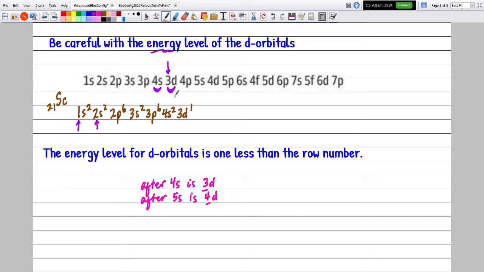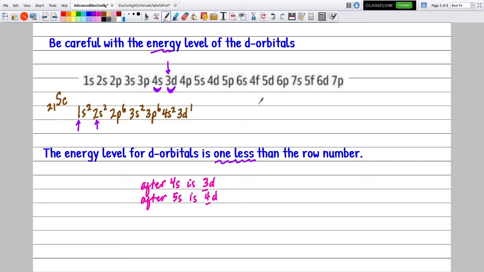So the way to use this technique is to remember that the energy level for d orbitals is one less than the row number. After 4s is 3d, after 5s is 4d.